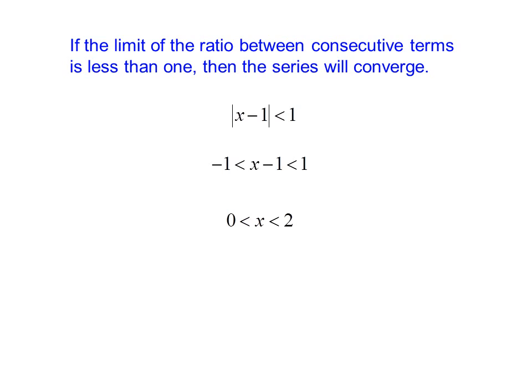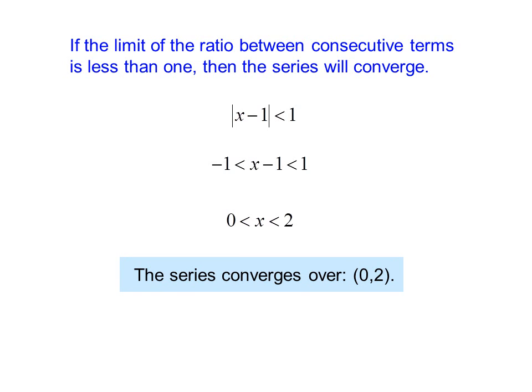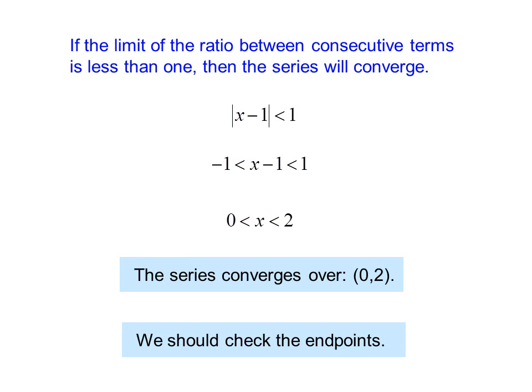Adding 1, we get 0 is less than x, which is less than 2. So the series converges over the interval from 0 to 2, but we should check the endpoints.